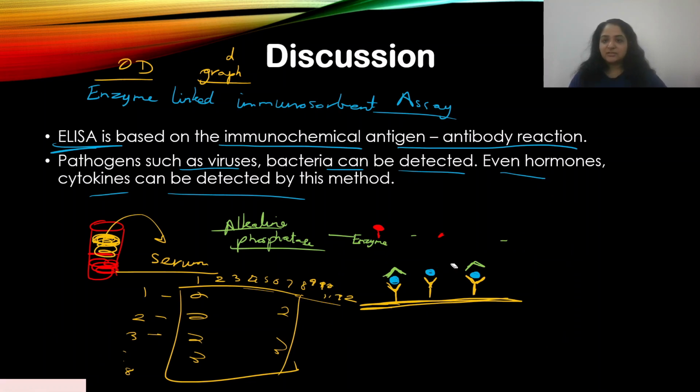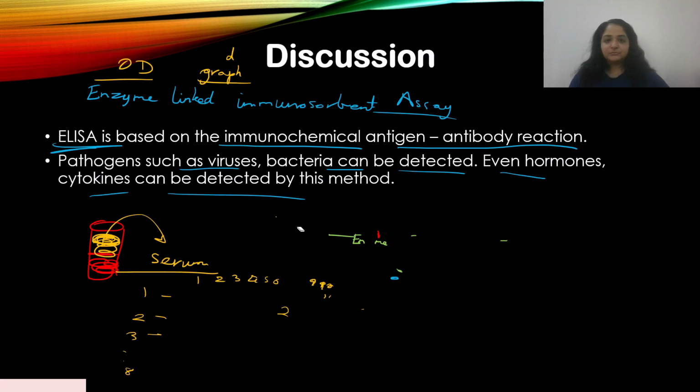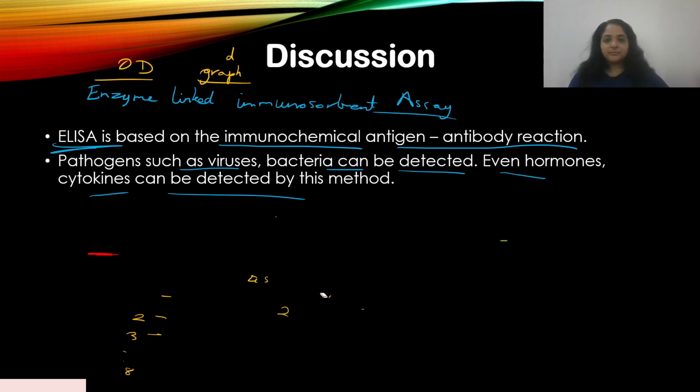I hope you've understood this part. I've already explained how to use the unknown sample. You don't know the concentration, but you have to find it. How do you find the concentration of that?